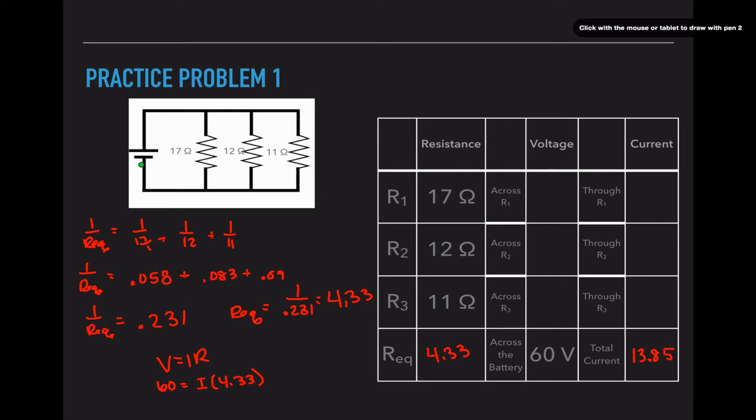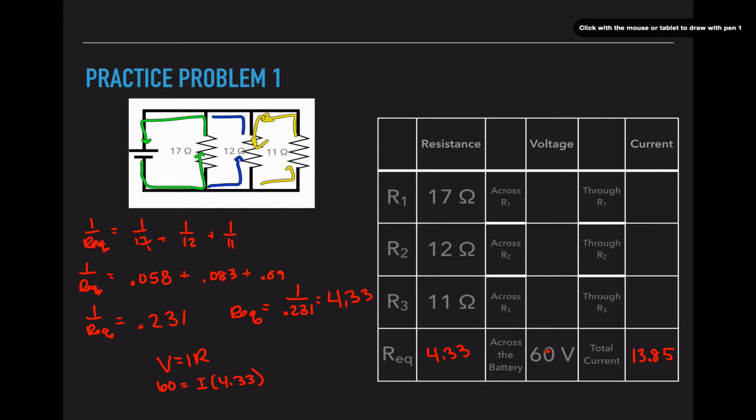Okay, now I'm going to look at the diagram real quick. If my electron leaves the battery and travels through the first resistor, it goes back to the battery straight away. If it leaves the battery and goes through the second resistor, it goes back to the battery right away. If it goes through the third resistor, it goes back to the battery right away. They cannot go back down and travel through a second or third resistor once they go through the first.